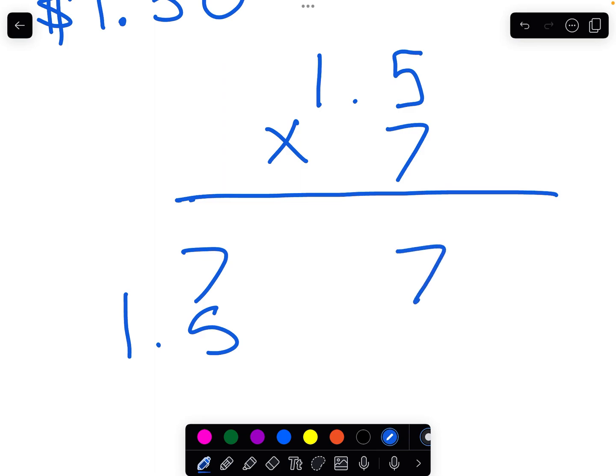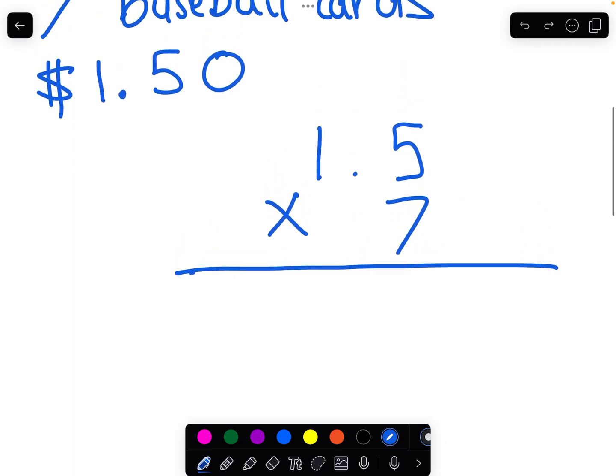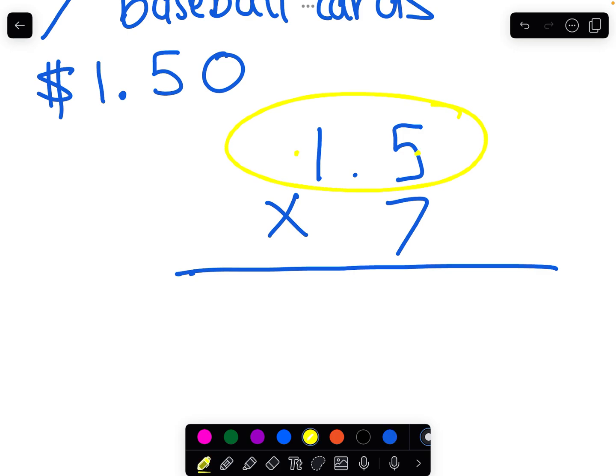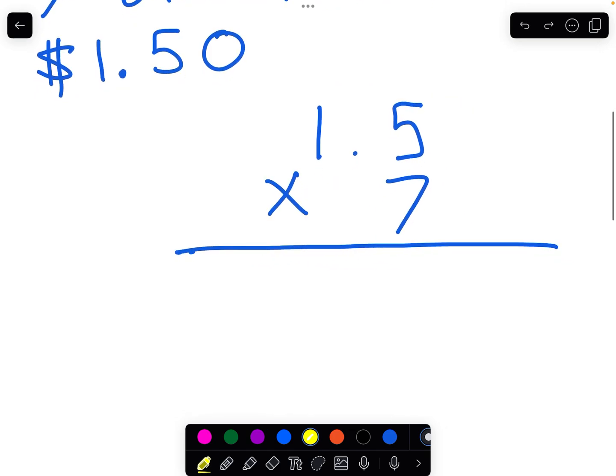I see this a lot, the 7 and then the 1.5. They line it up like that. Now, when we're doing standard algorithm multiplication, the best way to line it up is as I've done right here, with the number with more digits on top and the one with fewer digits on the bottom. And that's what works best for me.